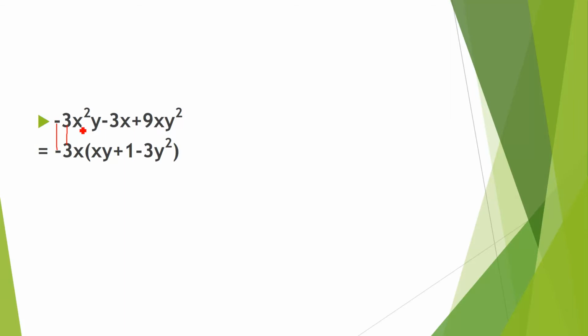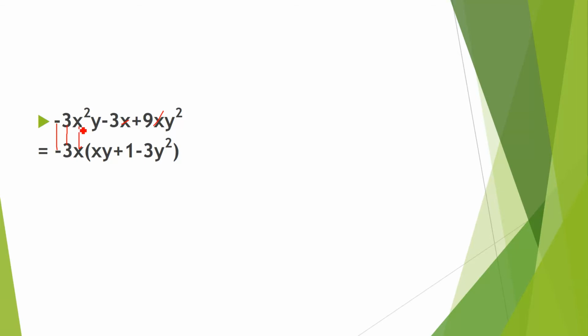And then x is here, x is here, x is here, right? Why are we not taking x square? Because only here we have x square, here we have only x, and y is here, but we do not have y here, so we cannot take y as a common, only minus 3x.